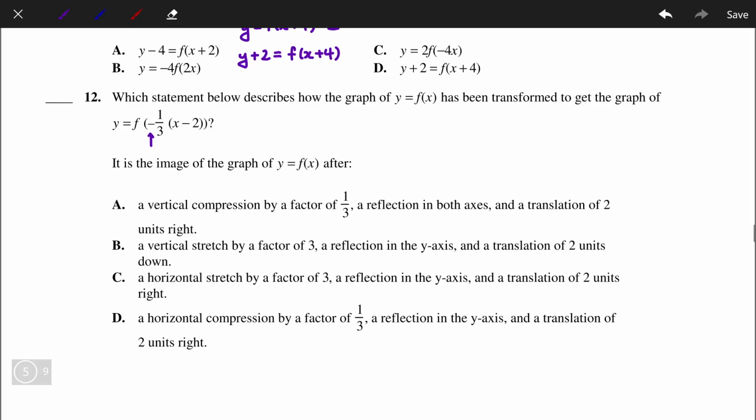So this actually tells us that the graph is reflected over the y-axis. Okay, after that we have the 1/3. That will be a horizontal stretch by 3.